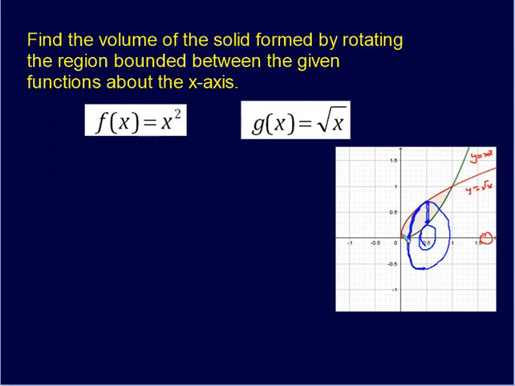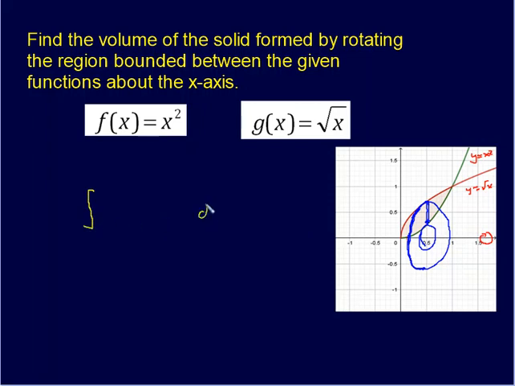And picture now there being hundreds of those little slices going across this region that begins at the point 0, 0 and ends at the point 1, 1. Okay, so our idea is to set up a definite integral where we can tell in this interval, since we're going around the horizontal axis, it's going to be a definite integral that's with respect to x.